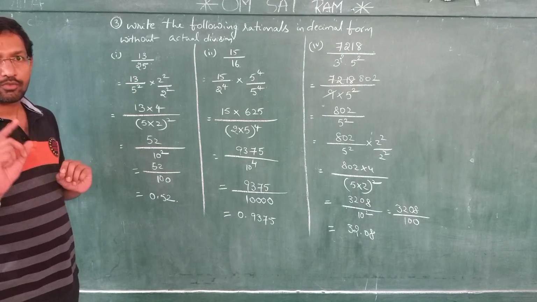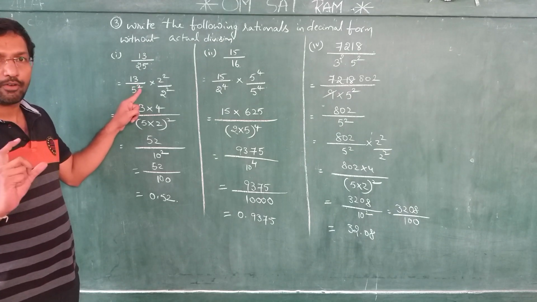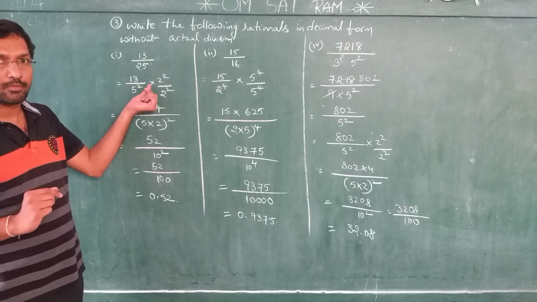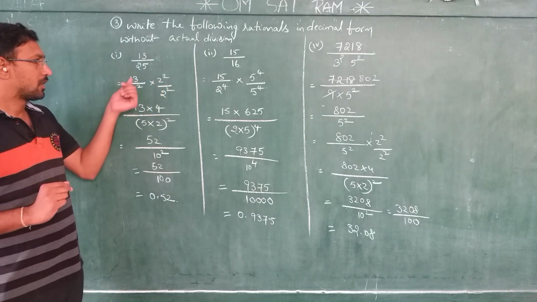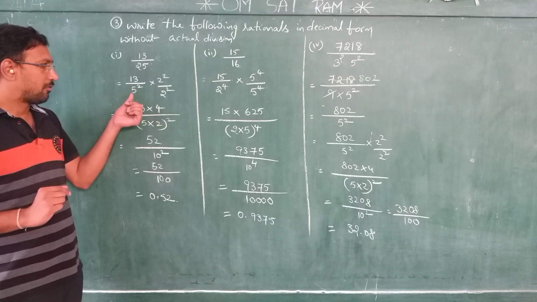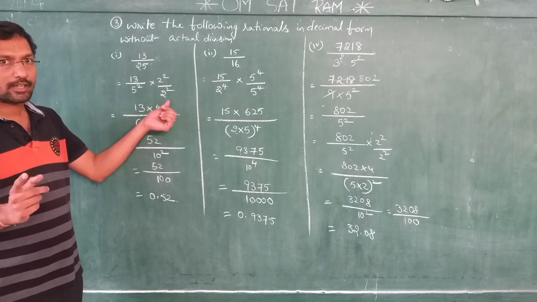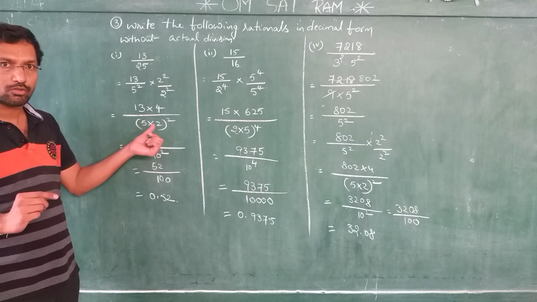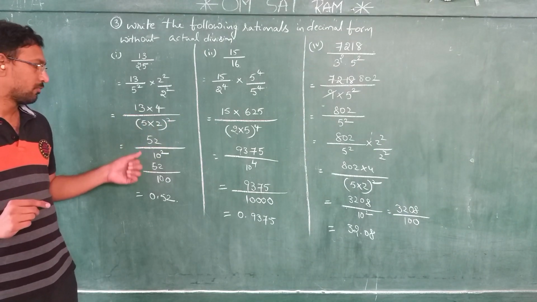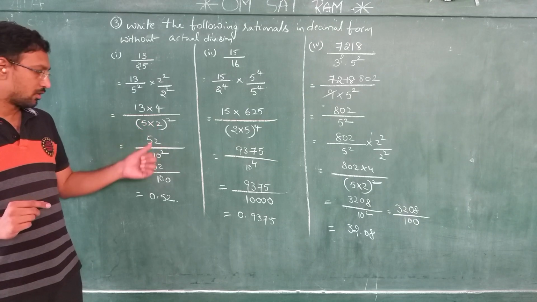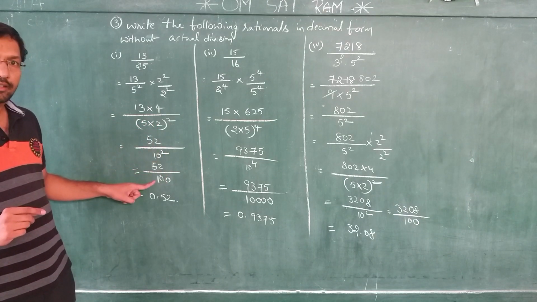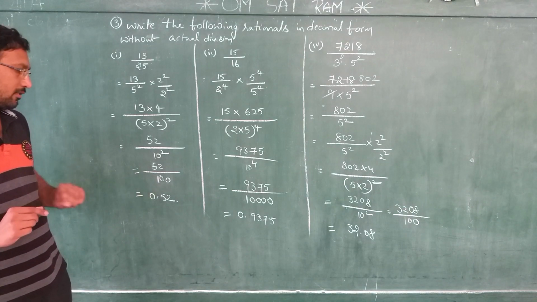The denominator 25 can be written as 5 square. We multiply numerator and denominator with 2 square. 13 into 2 square, that is 4, gives 52. 5 square into 2 square can be written as 5 into 2 whole square, that is 10 square.